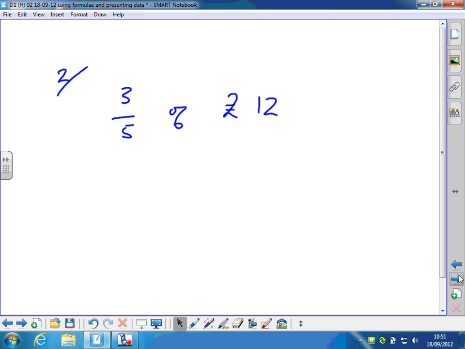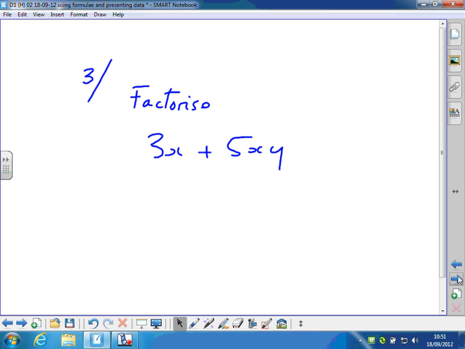Number 3, factorize. Now, of course, part of this is what do I mean by factorize. We'll talk about that, but factorize that, which is something you're going to need to be able to do.